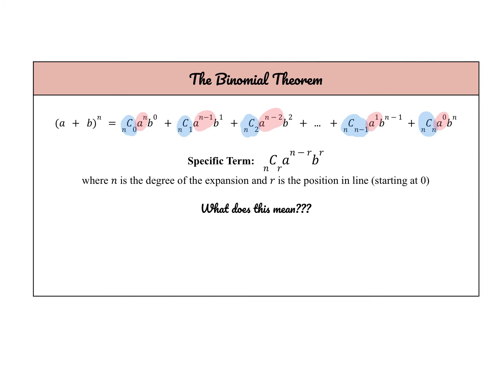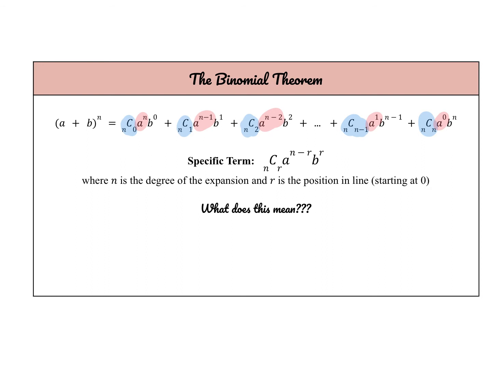So what does this mean? This just means that the exponents for your first term are descending. It's going to start with n, or whatever power you're raising your binomial to, and then each term after it is just going to decrease by 1 until it eventually turns to 0, meaning you don't see that term at all, because anything to the power of 0 is 1.